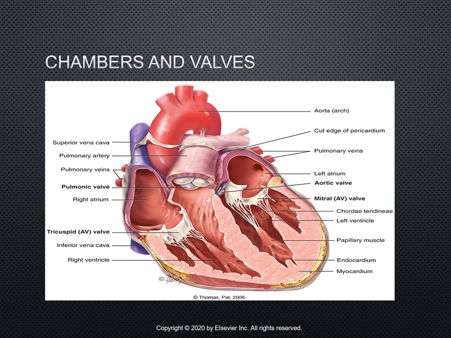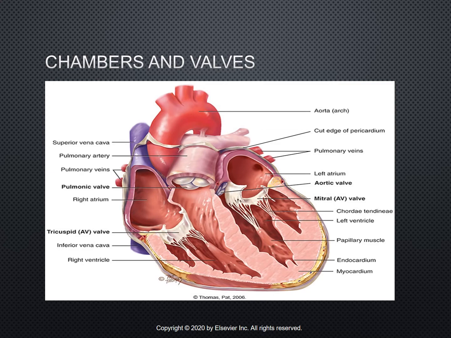So here is the picture of the heart. As you see, it has two atrium, okay, two ventricle, which are the bottom chambers of the heart. There are two AV valves or atrial ventricle valves.